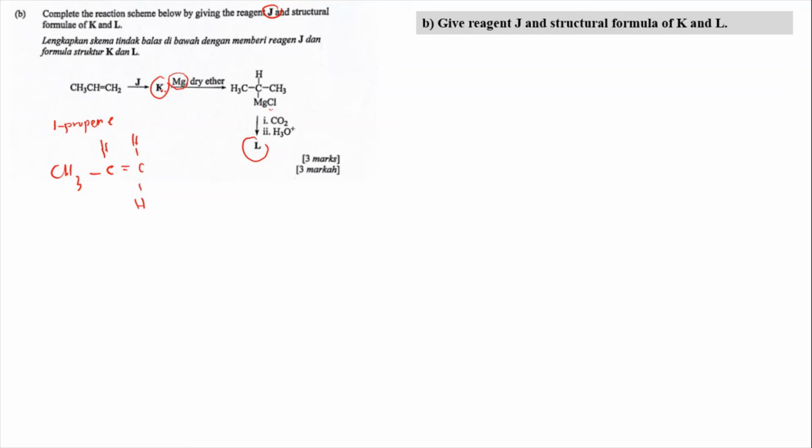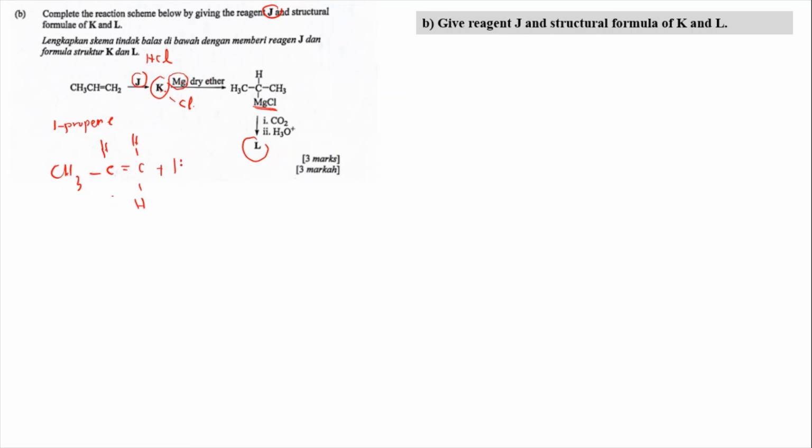Okay, so dekat sini, I need to get in my K, I need to have Cl and hydrogen. So I know that my J here, I need to add up HCl. Okay, supaya hydrogen boleh masuk dan chlorine boleh masuk, and then it will undergo reaction with magnesium in order to produce MgCl.